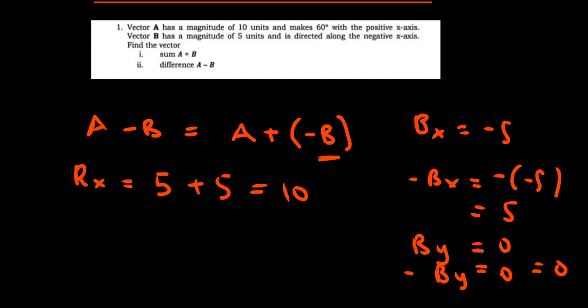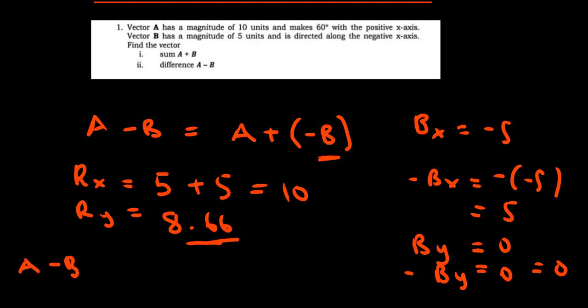Then we do the same for y. So what do we have for y? So ay we have 8.66 as we calculated. Then for by, it still remains 0. So meaning our resultant will still be 8.66.